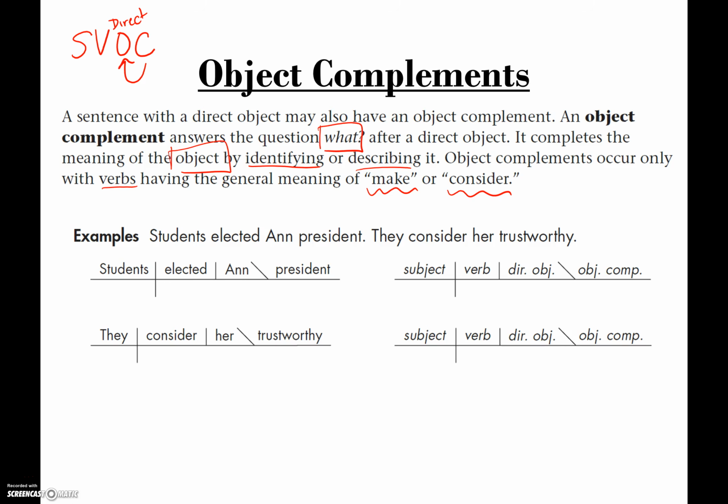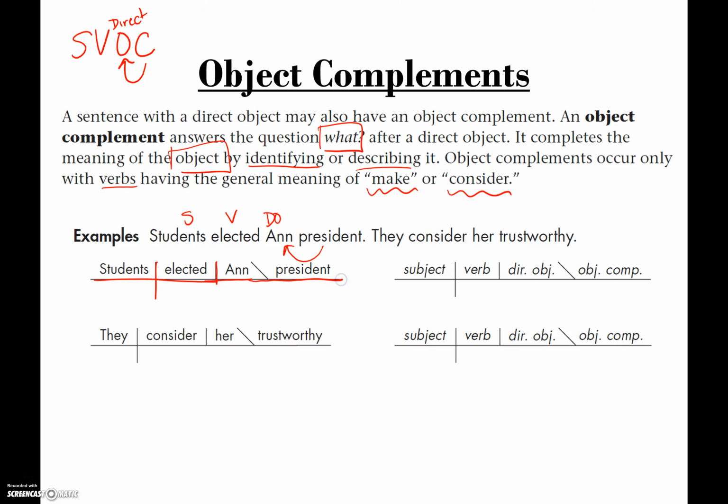In the first example, students elected Anne president. They consider her trustworthy. Students elected is our subject and our verb. Anne is the person who is being elected. So that's our direct object. She's taking the action. So we have a vertical line there with Anne on it. And then president is describing what Anne is being elected as.